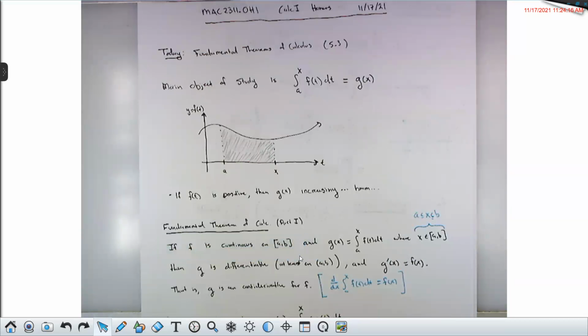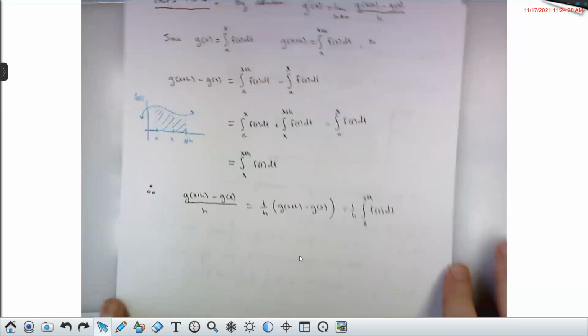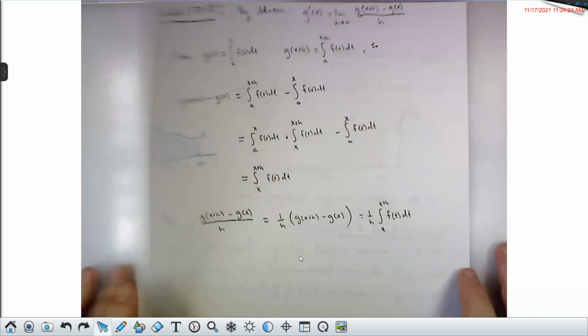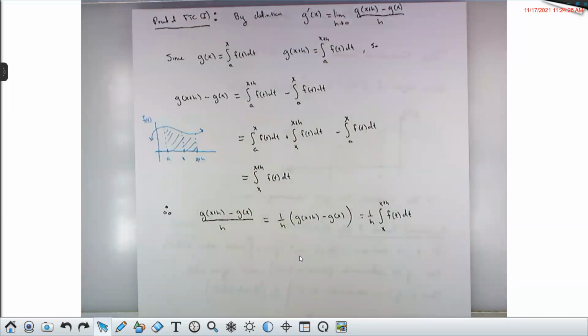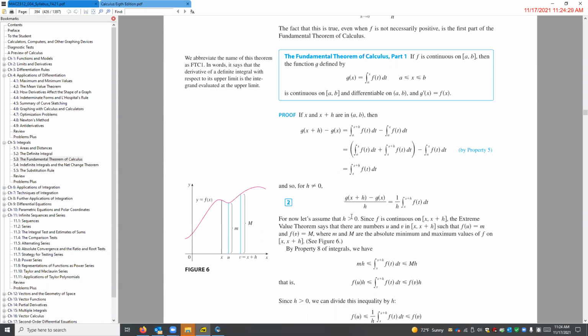An absolute max and an absolute min. So we're going to let little m be the min and big M be the max.